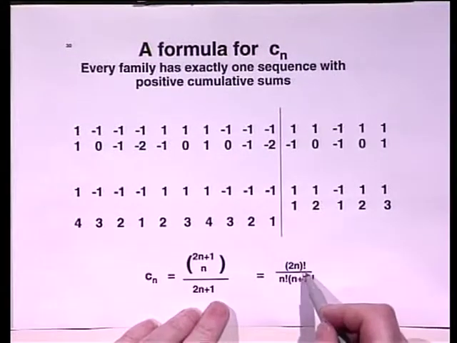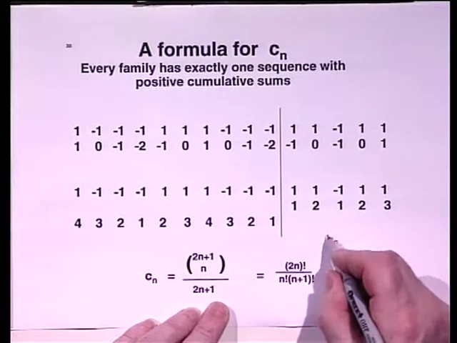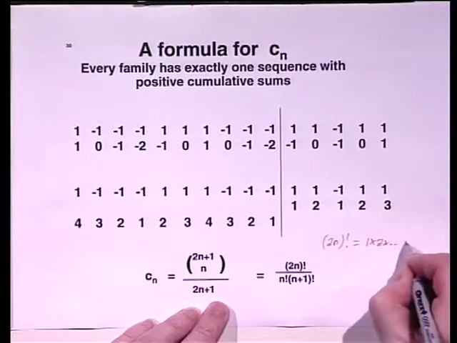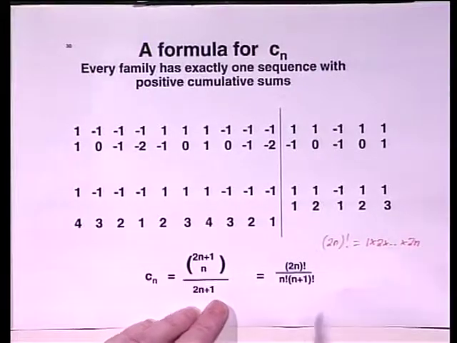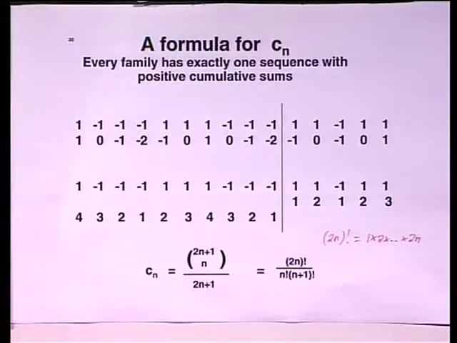Here 2n exclamation mark is pronounced factorial, and it is short for 1 times 2 times up to 2n, all those numbers multiplied together, and likewise n factorial is short for 1 times 2 times 3 times 4 up to n. So there is a formula for the Catalan number.